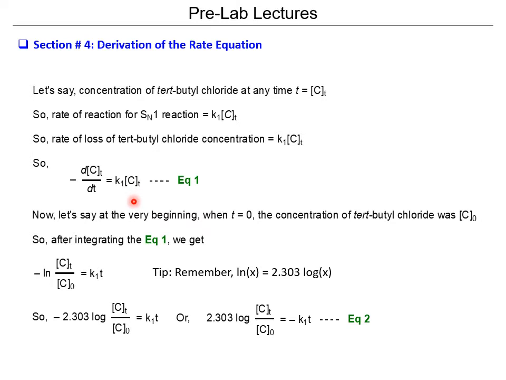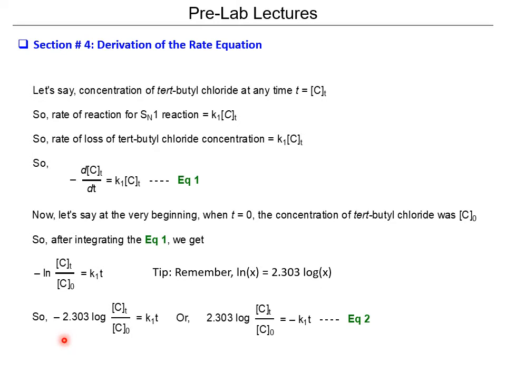So say at time 0, the concentration of tert-butyl chloride is C0, right? We integrate the formula and we get negative natural log of the concentration of C at time t, divided by the concentration of C at the beginning, is equal to k1 times the time. And natural log of x is equal to 2.303 times the log of x, right?